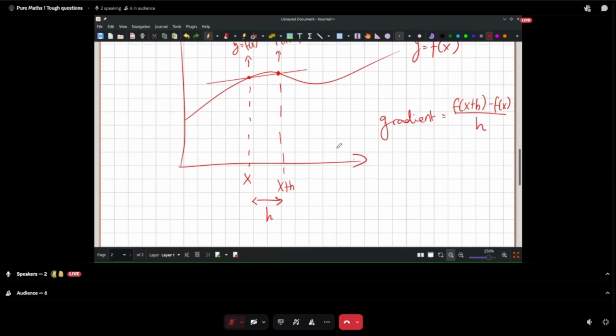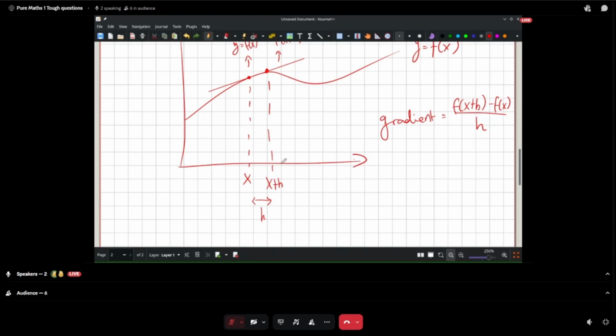divided by the distance between them, which is h. And then now, let's say instead of here, what if this point was closer, and this line was more like this, connecting these 2 points. And then this is smaller. Even then, the gradient would just be this.